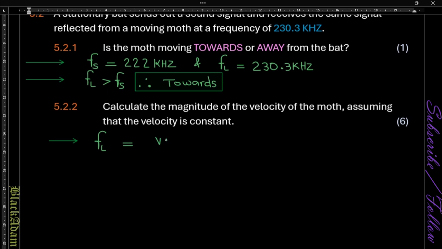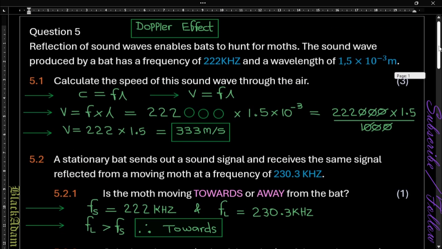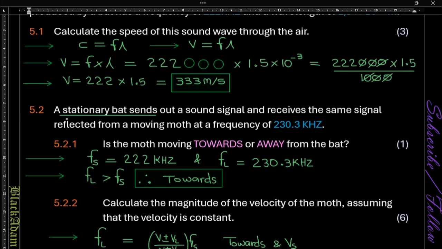The velocity is v plus or minus the velocity of the listener, over v, times the frequency of the source. Remember, for the velocity of the source, let's say stationary, which means the velocity of the source is 0 because it's not moving. Stationary means it's not moving, so 0 velocity for that.